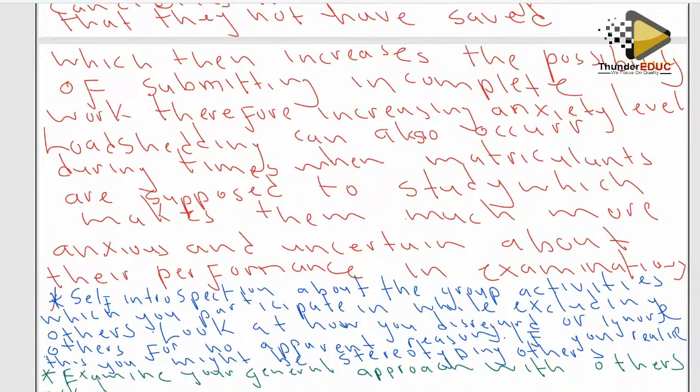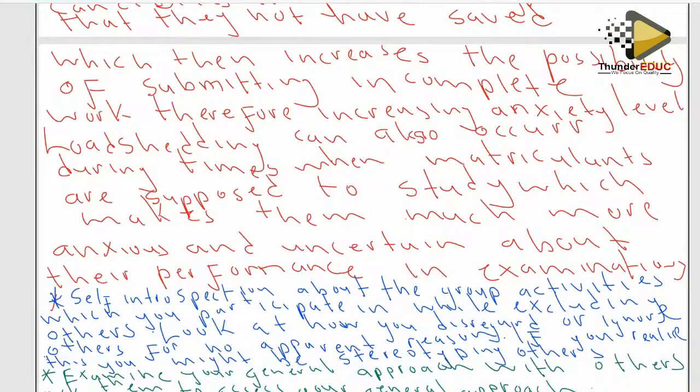Ask them to assess your general approach. So after doing this, this can confirm your narrow-minded attitude towards others, and this could be an indication of bias or prejudice.